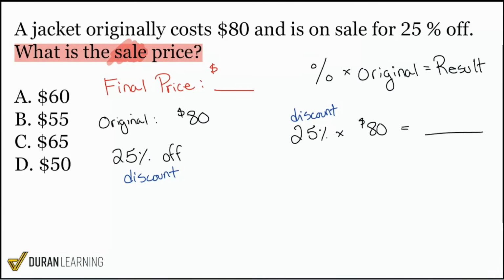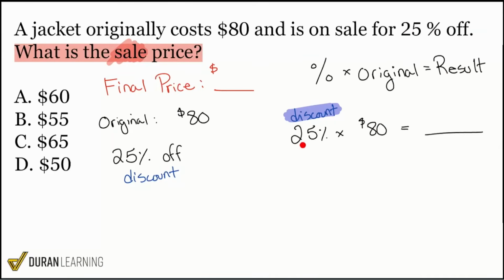The percent that you apply is the result that you get. Check this out, everybody. If I am plugging in 25% and that represents a discount, think about it. If this represents a discount, what is the result going to represent in this specific setup?